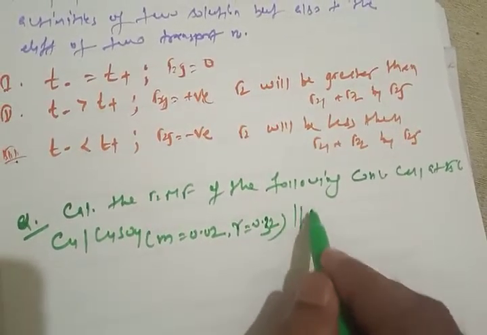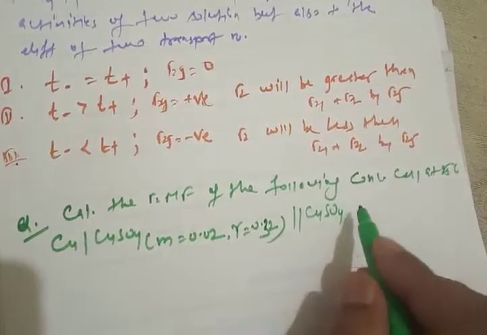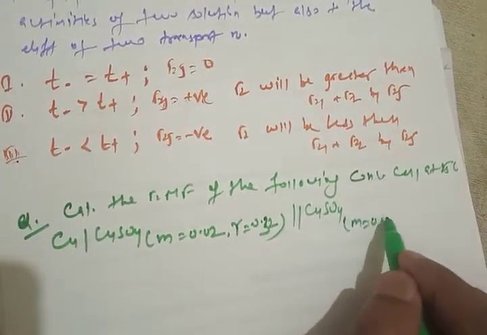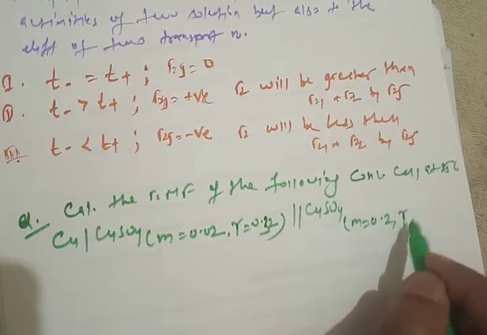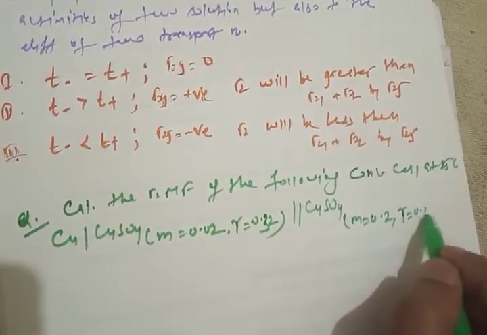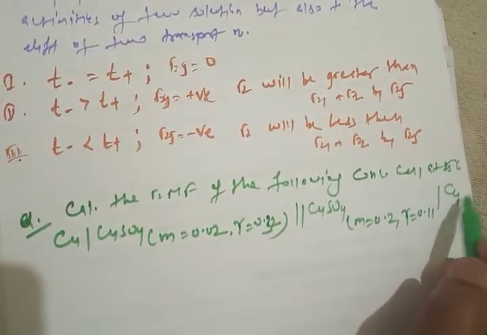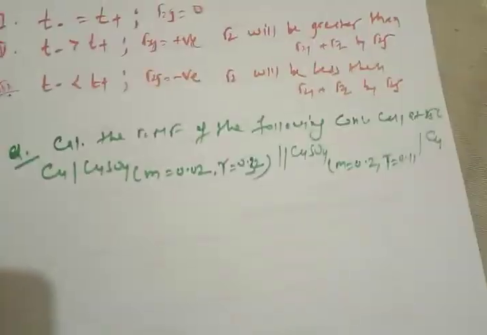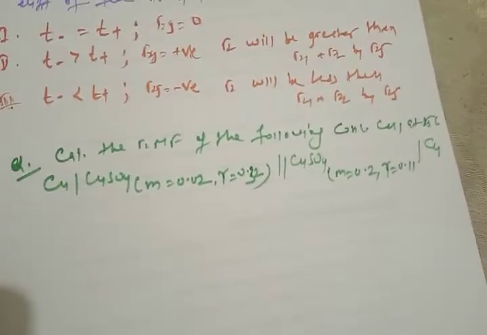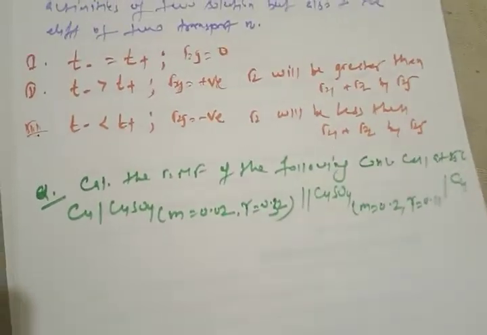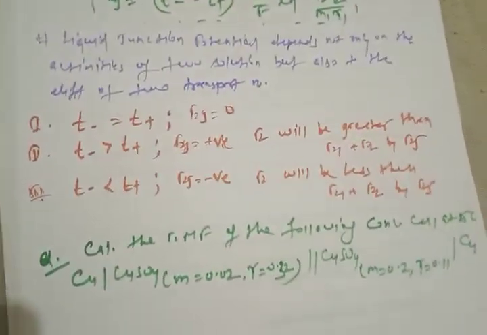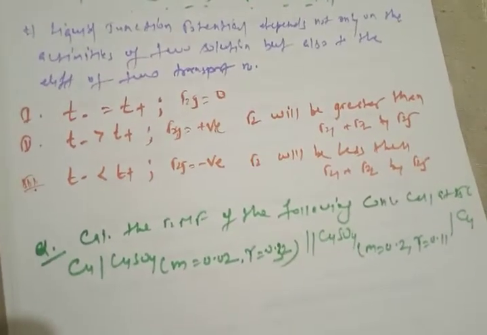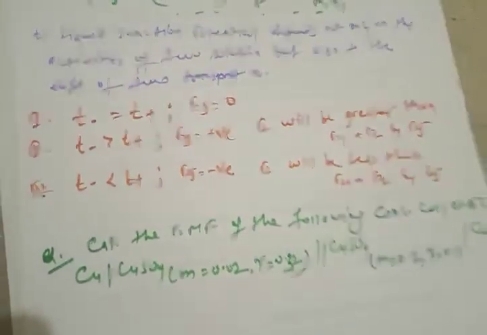Then the copper sulfate, again here the value is given to you. m is 0.2 and gamma is 0.11, and this is the copper. So these values you have been given, you need to calculate the EMF. This is the question for you. Please go through the previous video. You will find an equation to solve this problem, and it is very simple. It is only multiplication, nothing else.